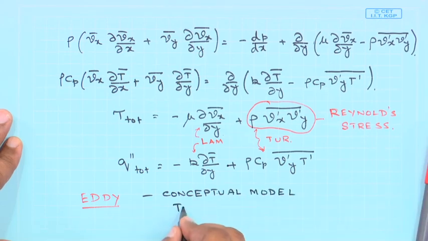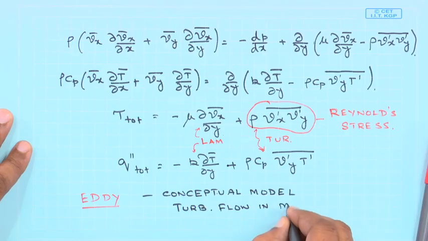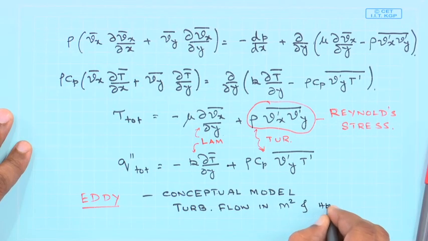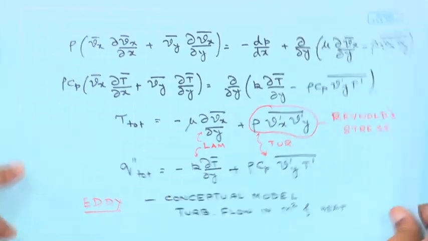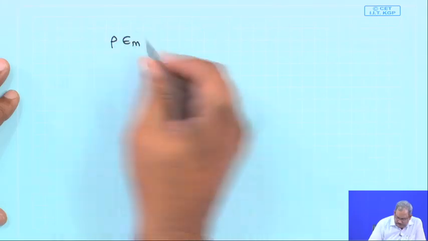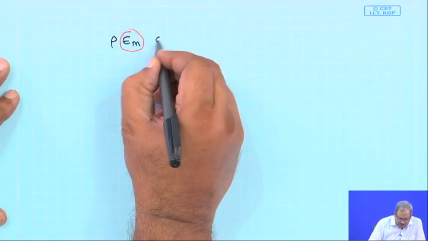So, for turbulent flow, momentum and heat are expressed in terms of the presence of these eddies, and generally they are expressed as, I will write the defining equation of the eddy, rho epsilon m, where epsilon m is the eddy, times velocity gradient.